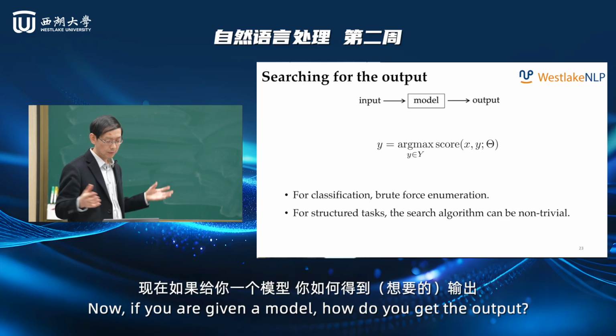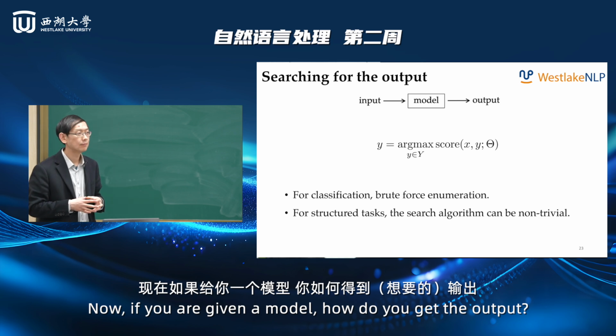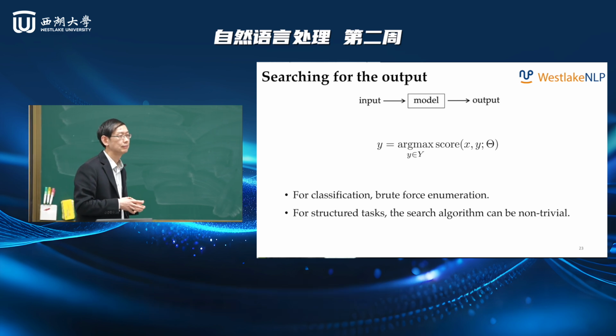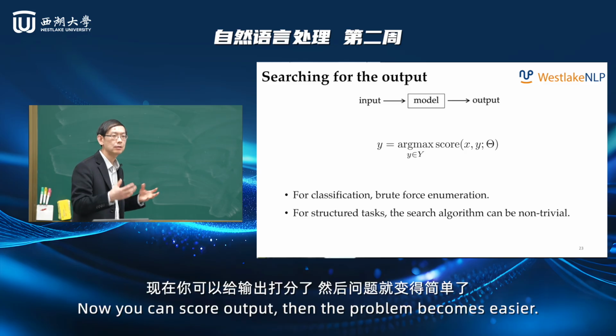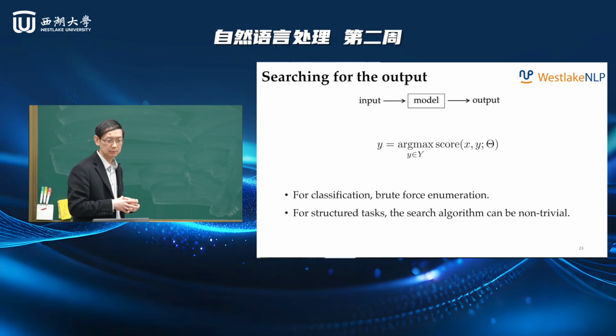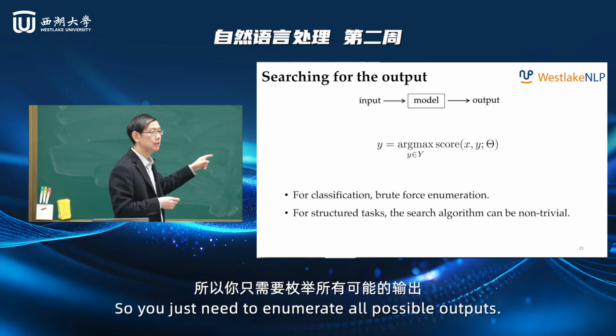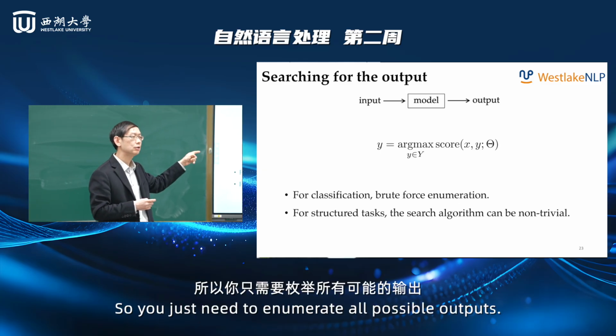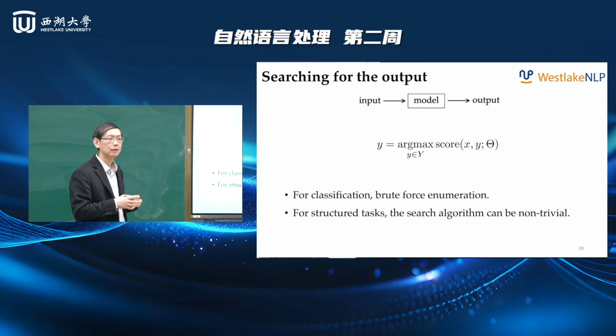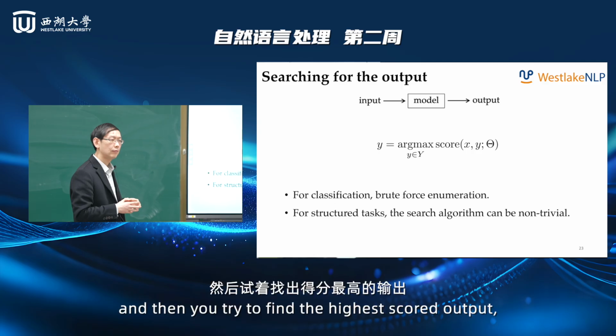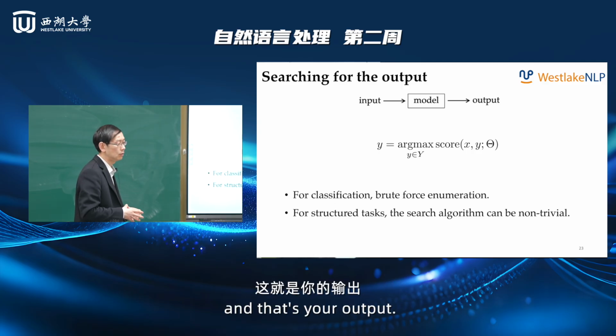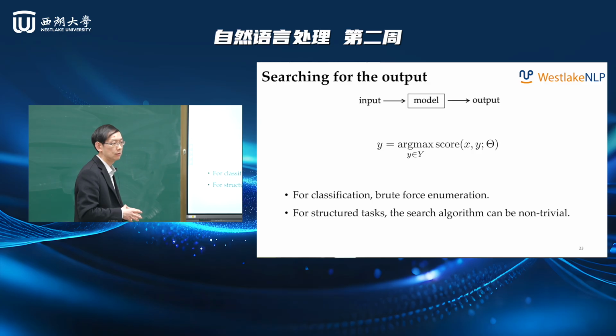Now, if you are given a model, how do you get the output? Now you can score outputs, then the problem becomes easier. You just need to enumerate all possible outputs and score each of them. And then you try to find the highest scored output, and that's your model output.